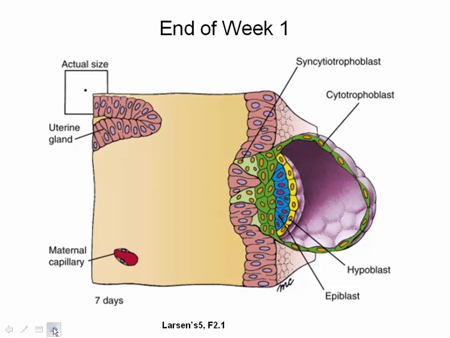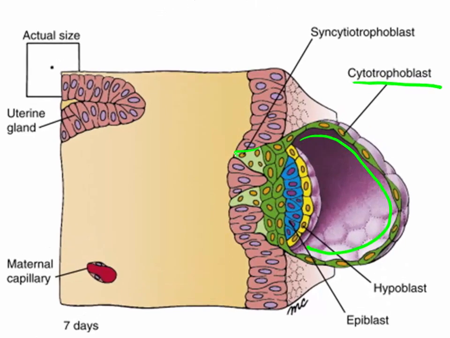The cells lining the blastocyst cavity give rise to the cytotrophoblast, whereas the cells lying external to the cytotrophoblast at the embryonic pole fuse to form the syncytiotrophoblast.